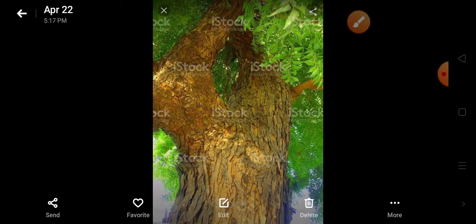Okay, students. The stem of the neem tree is given in front of you. This type of stem is called a trunk. This keeps the tree upright.